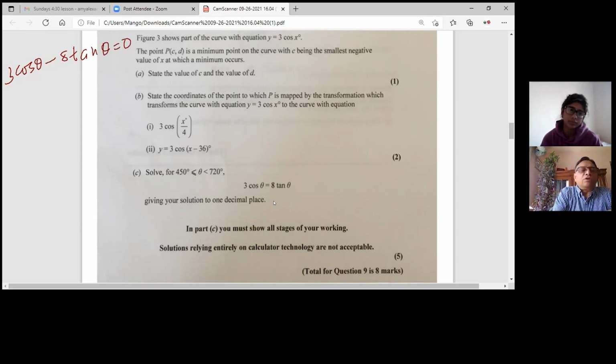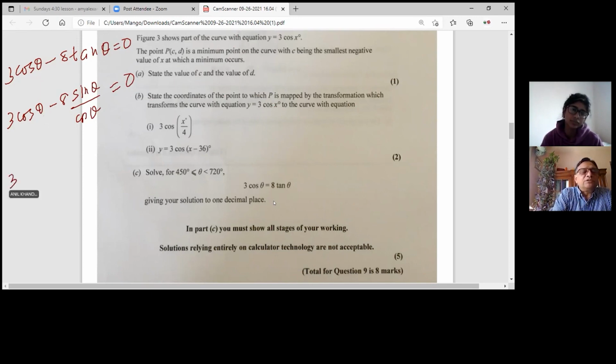Tan theta is sine over cos. It's better to write them in sine and cosine. So 3 cos theta minus 8 sine theta over cos theta equals 0. Now we can take cos theta as a common denominator, or multiply everything by cos theta.